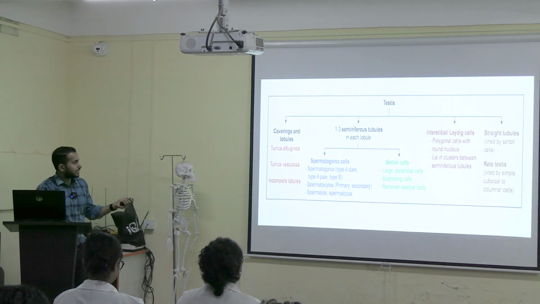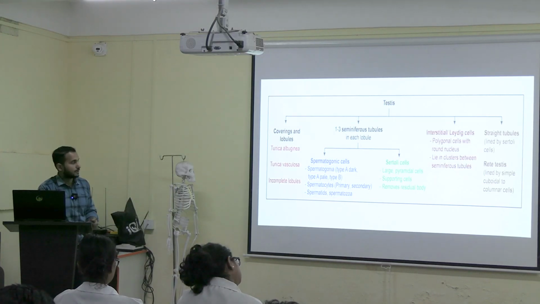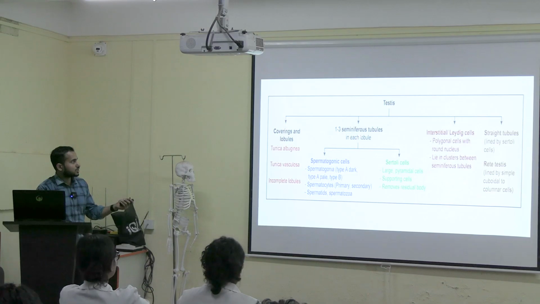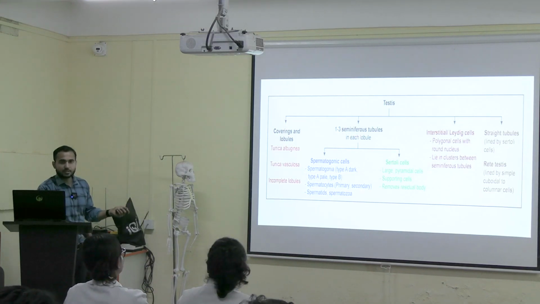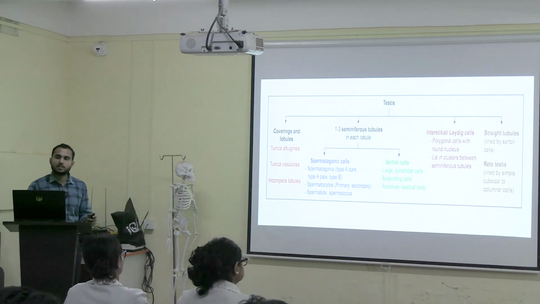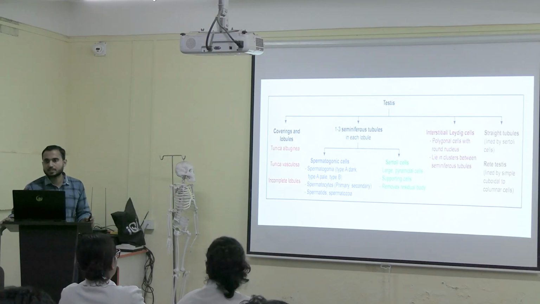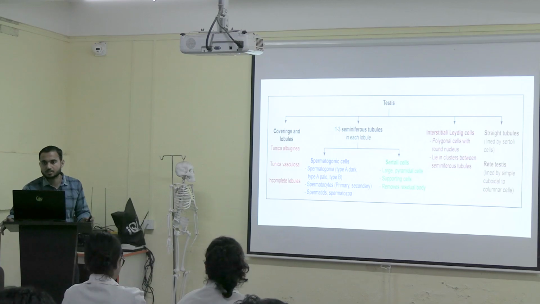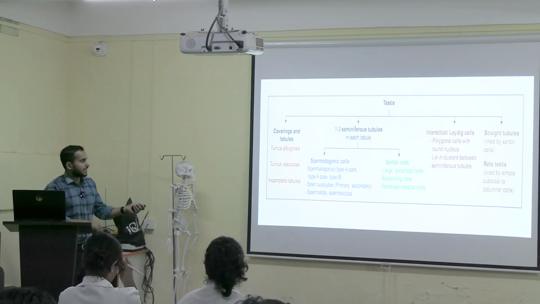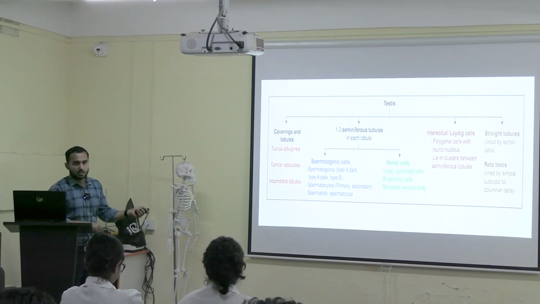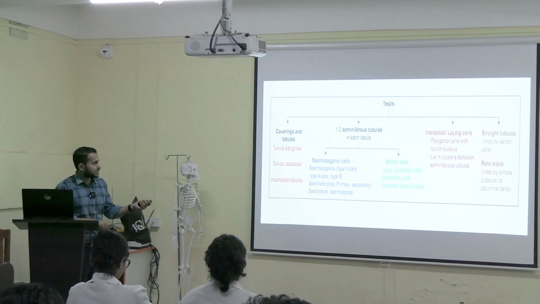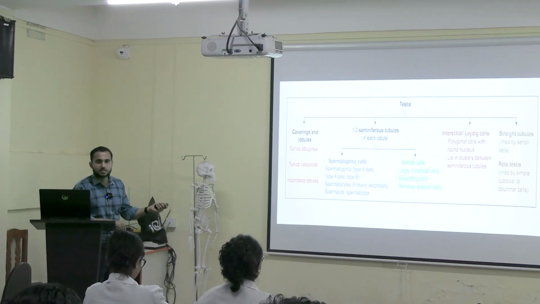So we have the tunica albuginea, and the innermost vascular layer is the tunica vasculosa. Inside the highly coiled seminiferous tubule, two types of cells are there: Sertoli cells and spermatogenic cells. Spermatogenic cells means different stages of development of spermatocytes can be seen over here.